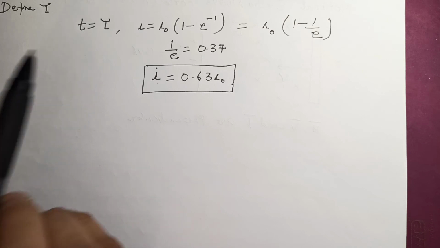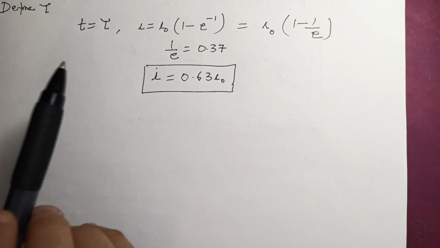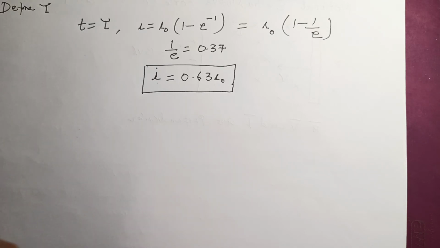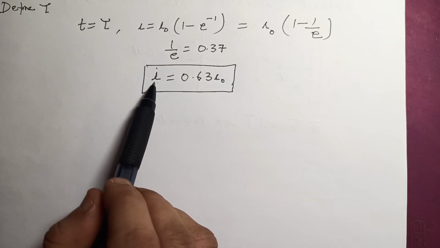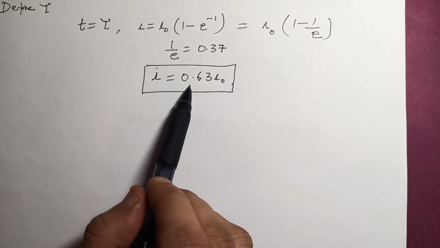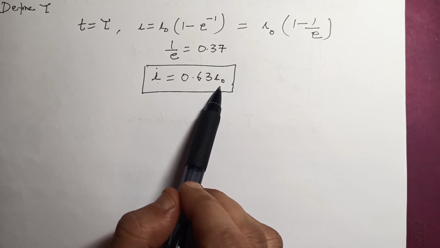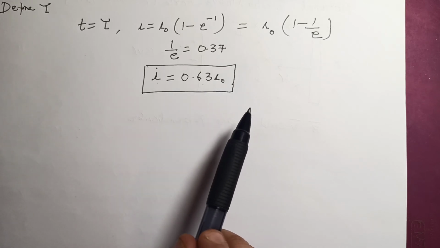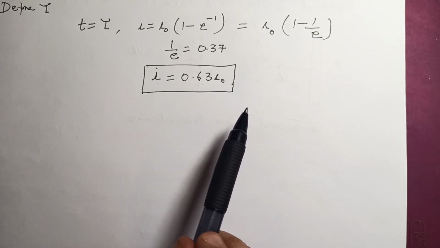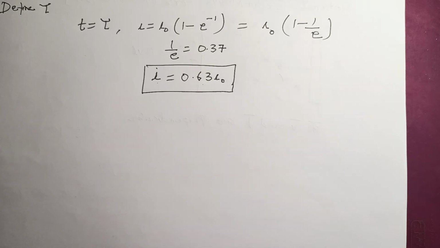If we have to define tau, you will say tau is that value in which the current grows to 63% of the maximum value. And what is the maximum value? Maximum value is the steady state current.